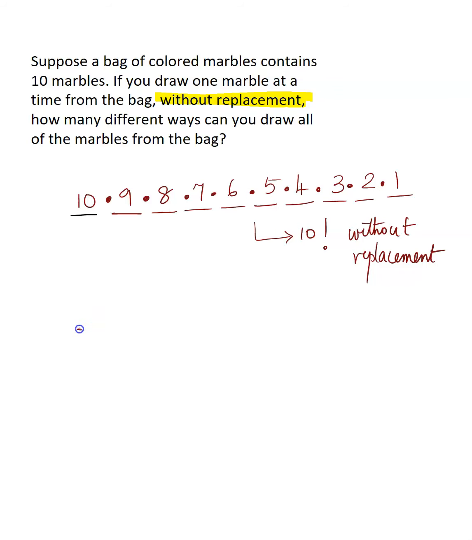With replacement would mean that in my first option, I had 10 to choose from. In the second option, I still have 10 to choose from because I returned that marble to the bag because it's with replacement. So if it is with replacement, you notice that it's 10, 10, 10, 10, and so on, right? So that is how we understand the difference between without and with replacement.